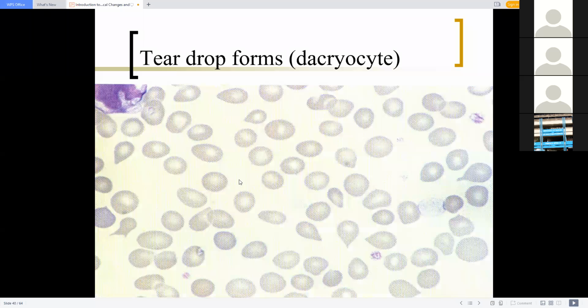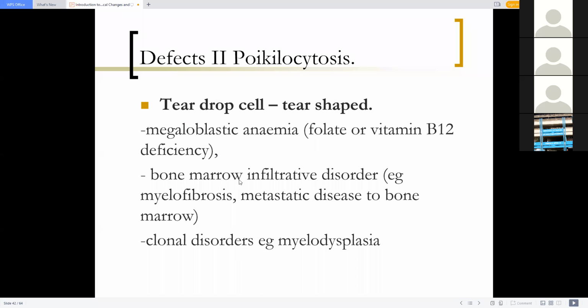So the message here is that these morphological changes are ubiquitous, in that you see them in many conditions. So when you see them, you may give a differential diagnosis. Sometimes the clinician may have given you an example, like if a patient has target cells and they've got jaundice, and we know jaundice can occur in liver disease, so you can narrow down and say this is likely due to liver disease, but we know that target cells can be seen in many other conditions, right?